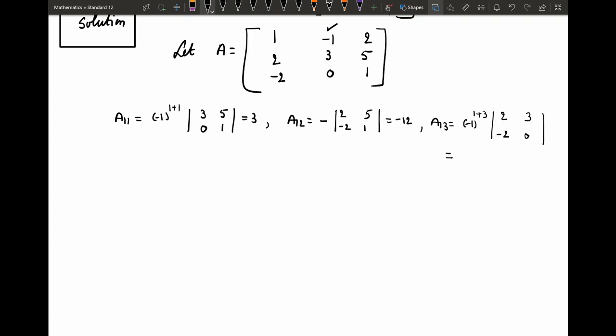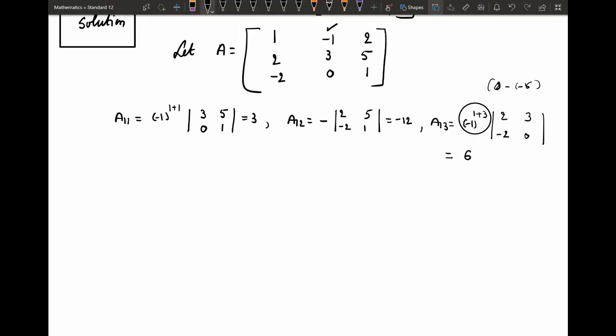So A13, minus 1 raised to 1 plus 3, so minus minus plus, this is plus 2 into 0 minus minus 6.